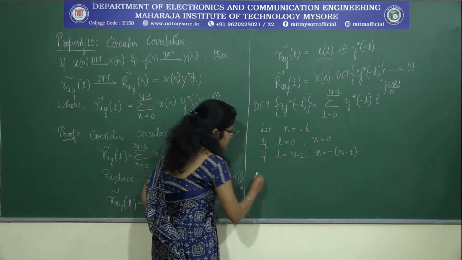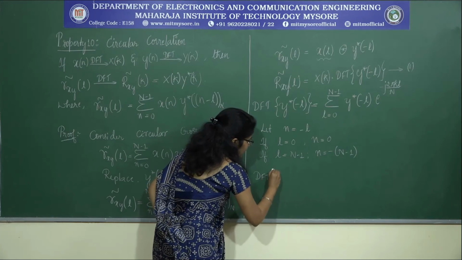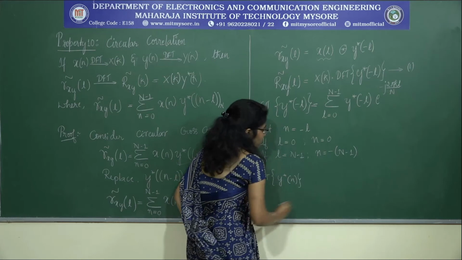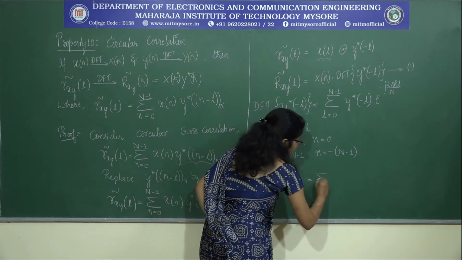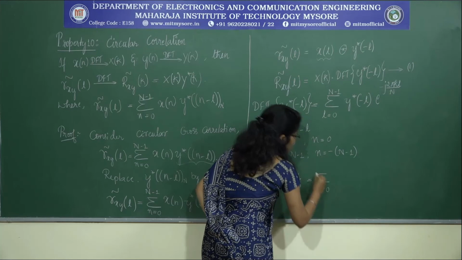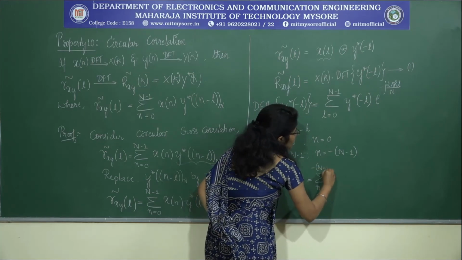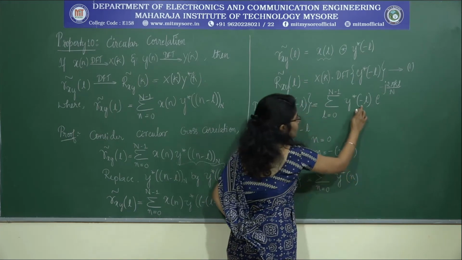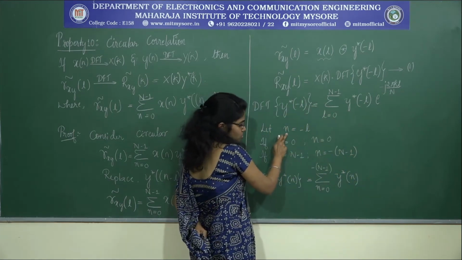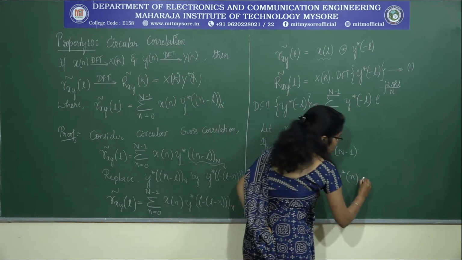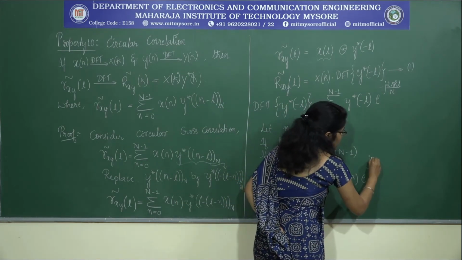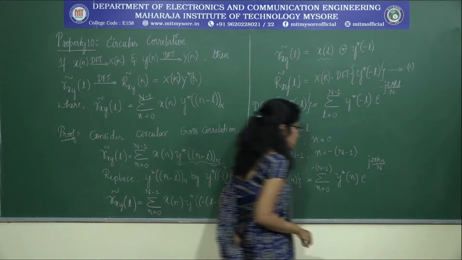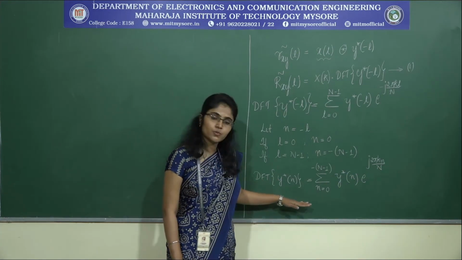Now, let us substitute the same thing here. So, the DFT of y conjugate of n is equal to summation n ranges from 0 to minus n minus 1 of y conjugate of n. Instead of minus L, I need to write it as n. So, according to the substitution, into e power j 2 pi k n by n. After substitution, this is the equation which we got.